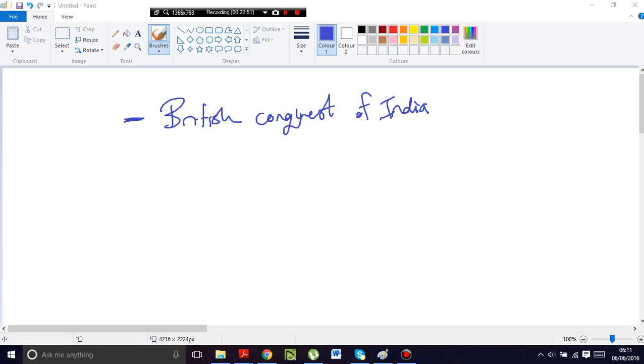So the British Empire in South Asia grew out of mercantile activities of the English East India Company, which enjoyed a monopoly on English trade with India.